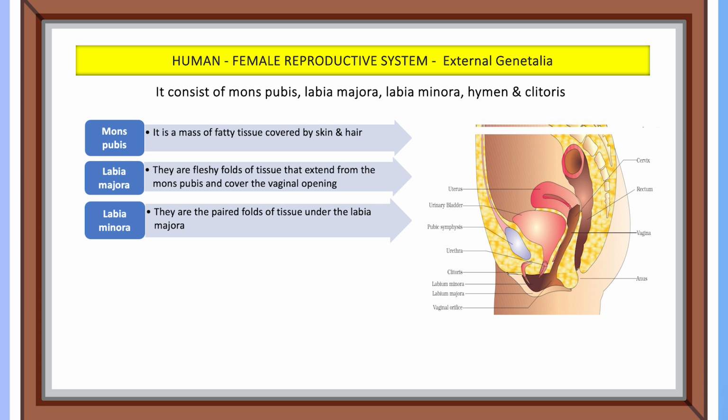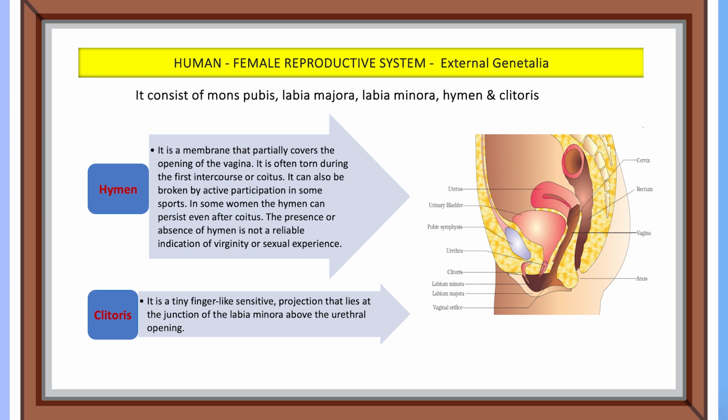The labia majora are fleshy folds of tissue that extend from the mons pubis and cover the vaginal orifice. The labia minora are paired folds of tissue under the labia majora. The hymen is a membrane that partially covers the opening of the vagina.